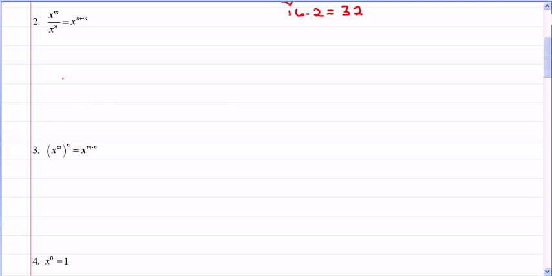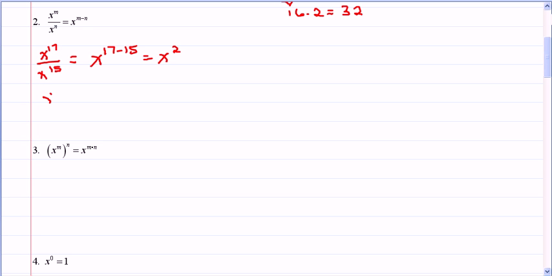The second property of exponents states that when you're dividing monomials with the same base, the rule is to subtract the exponents, but starting with the highest exponent first. So as an example, if we had x to the 17th over x to the 15th, the higher exponent is in the numerator, so this would simplify to x to the 17 minus 15, which is x squared.